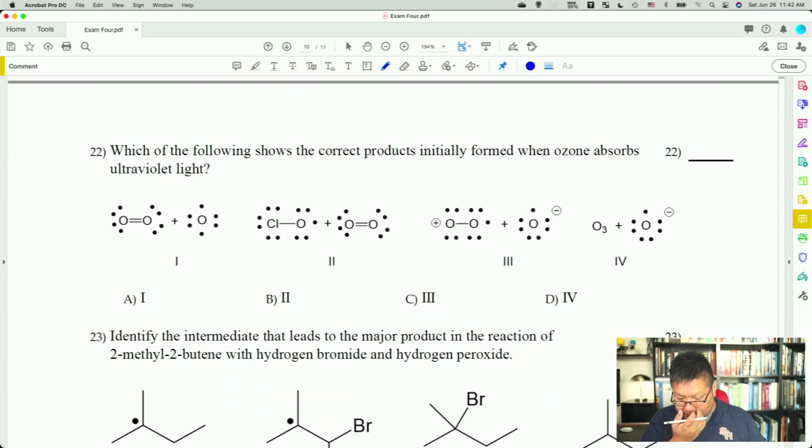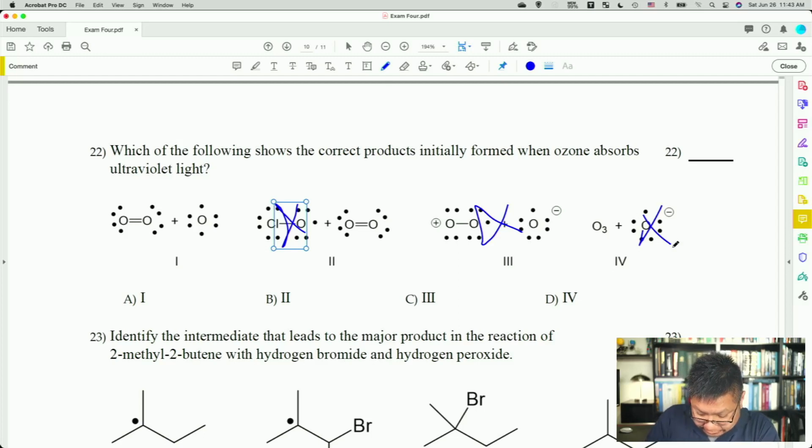Next, which of the following shows the correct products that are initially formed when ozone interacts with UV light? I don't know why there's a chloride there, because I don't have any CFCs flying around at the moment, so that's wrong. There shouldn't be any charged species. What you should have left over is an oxygen molecule and a single oxygen atom.